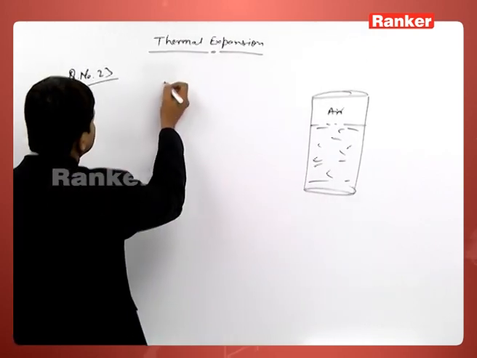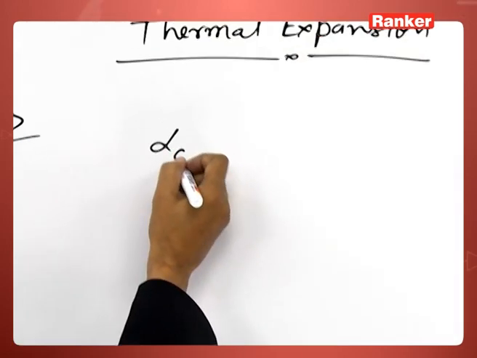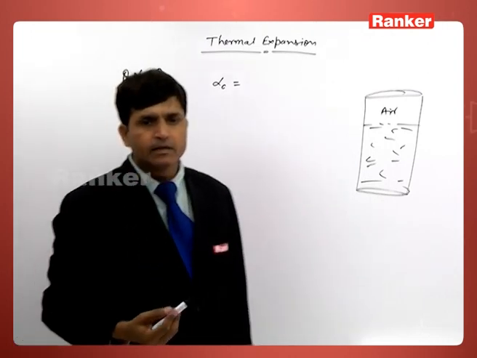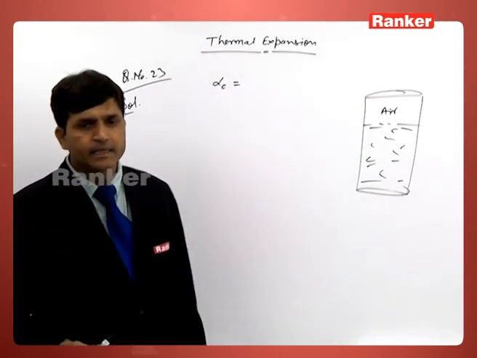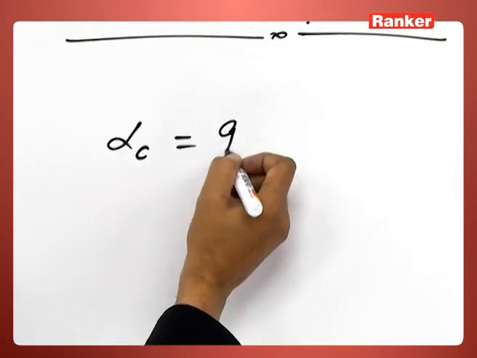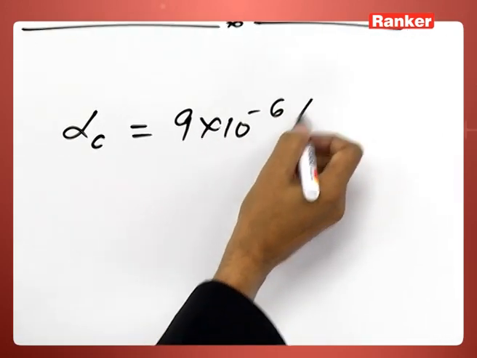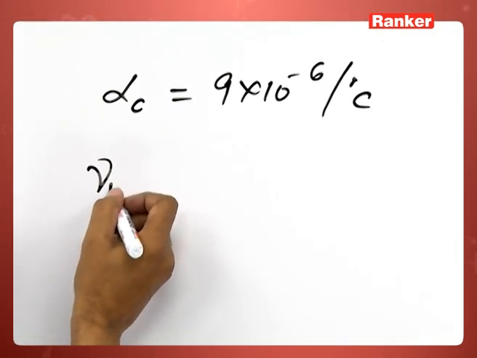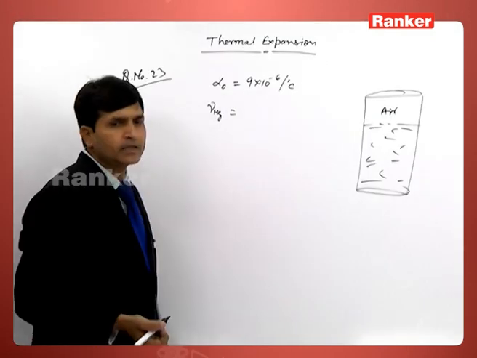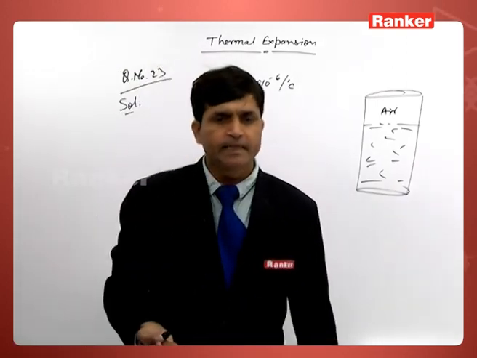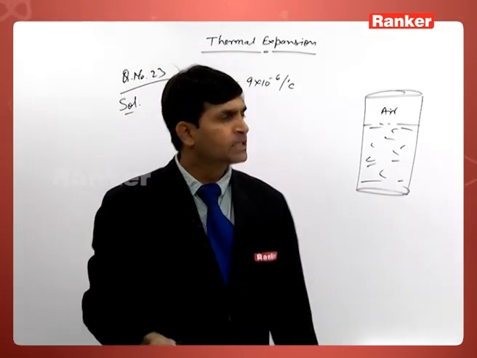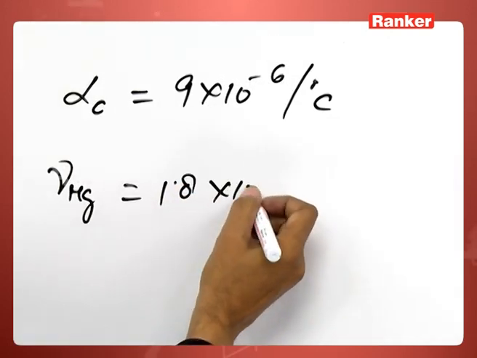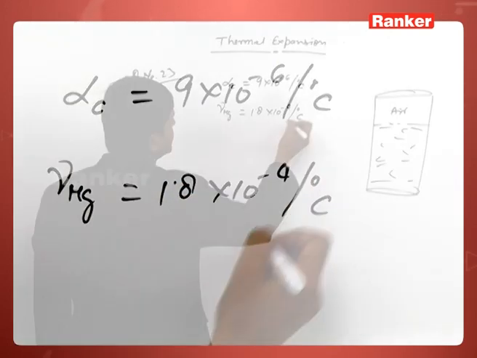See, the given data is alpha for the container, the flask, given as 9×10⁻⁶ per degree Celsius, and cubical expansion for Hg, mercury, given as 1.8×10⁻⁴ per degree Celsius.